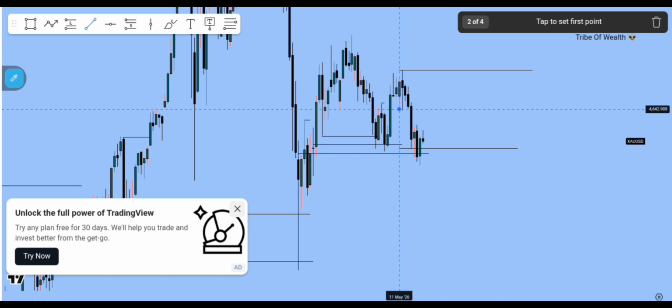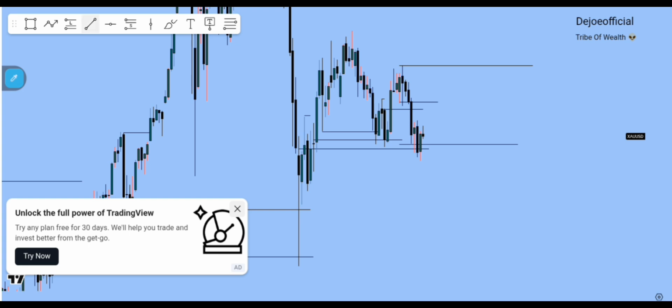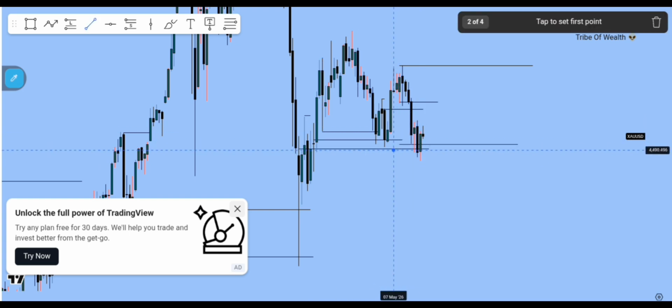It is a pullback, but not a strong pullback, and price would have bought from here but didn't respect the zone and even swept out this low.